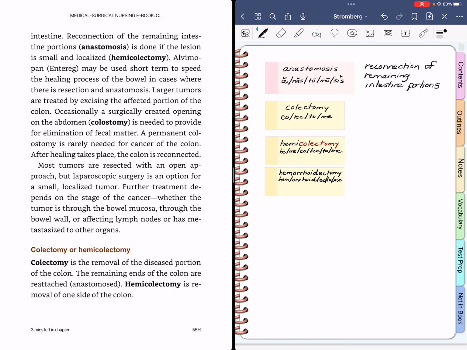Okay. Now, if I roll on down to the bottom of this page, I see colectomy in context. It says colectomy is the removal of the diseased portion of the colon.